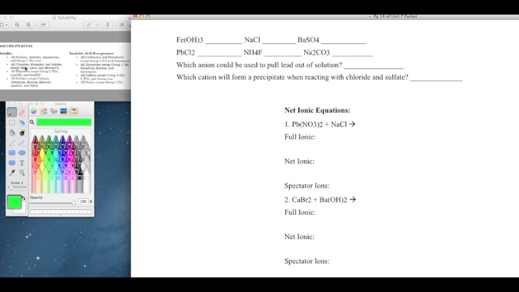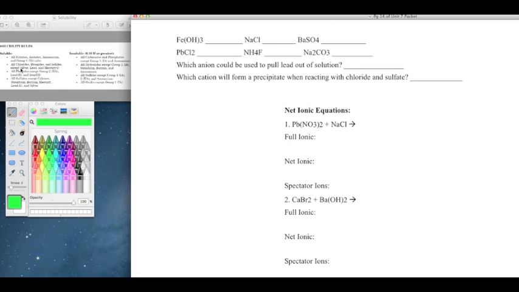So let's look at the exceptions. All chlorides, bromides, and iodides, so any kind of salt that has chloride, bromide, iodide, is going to be soluble except if it has silver, lead, or mercury. If it's silver, lead, or mercury that's bound to chloride, bromide, or iodide, then that compound's going to be insoluble.